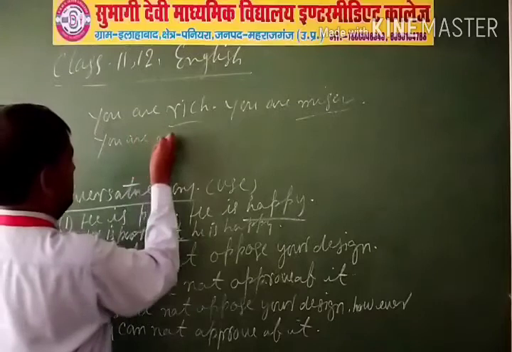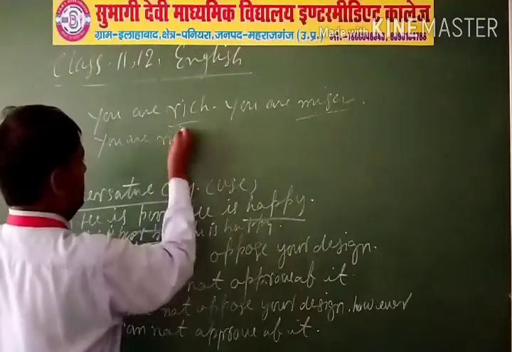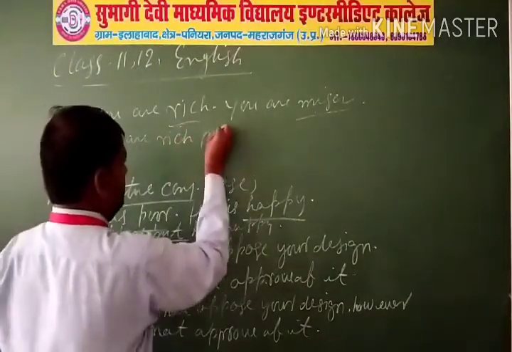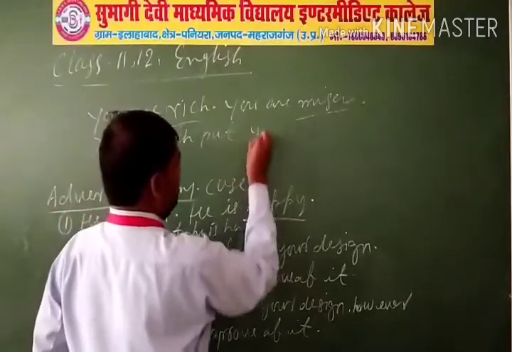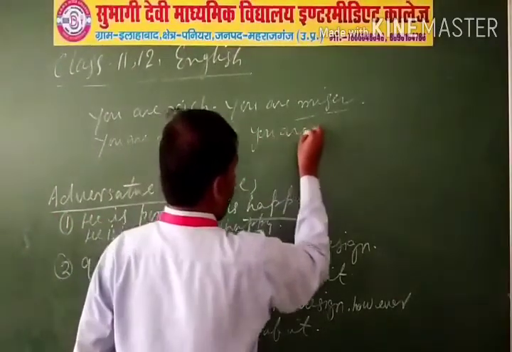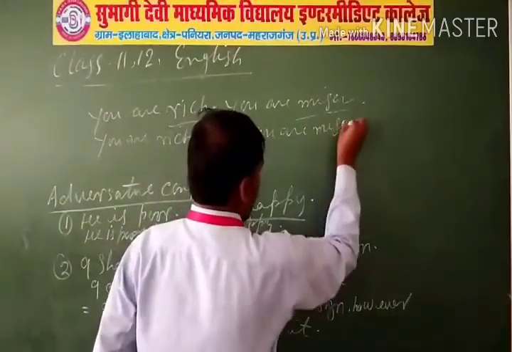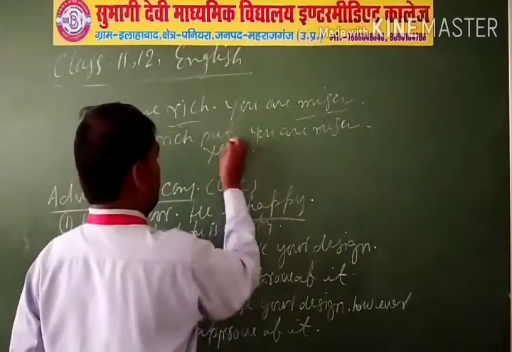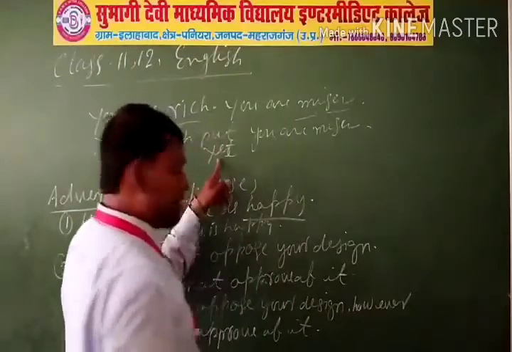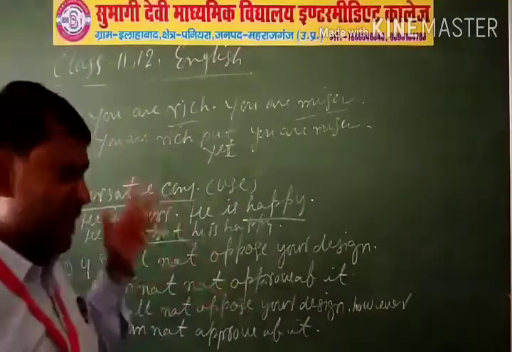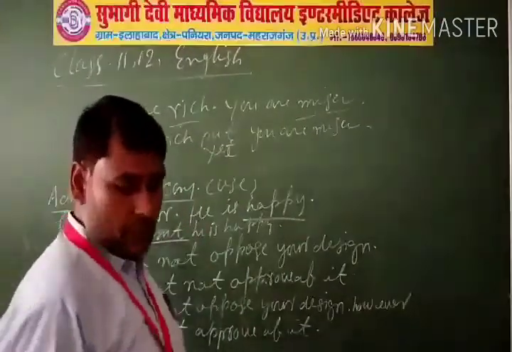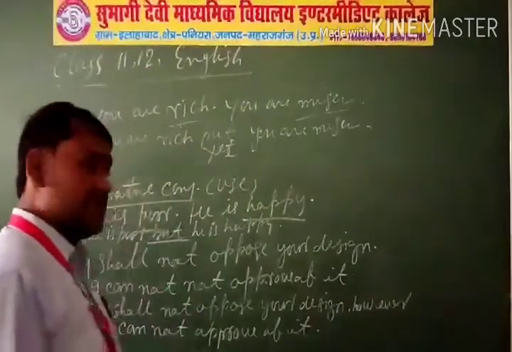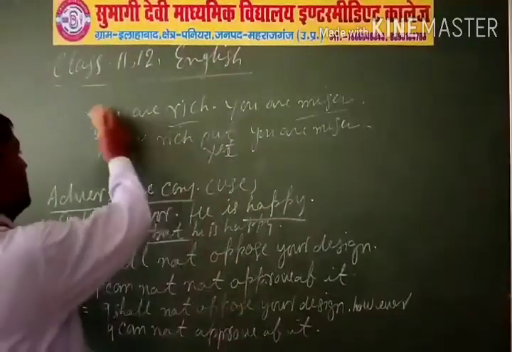You are rich, but you are a miser. So in this way you have to add two or more simple sentences into one compound sentence.